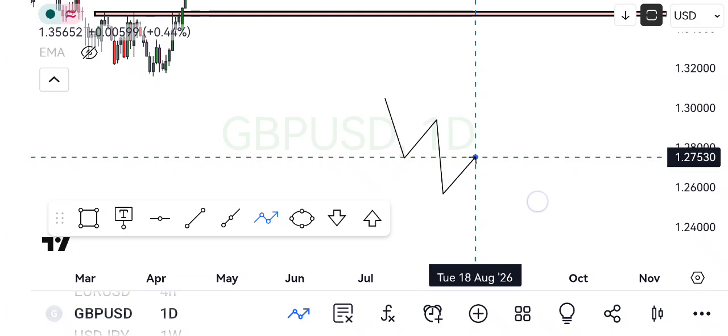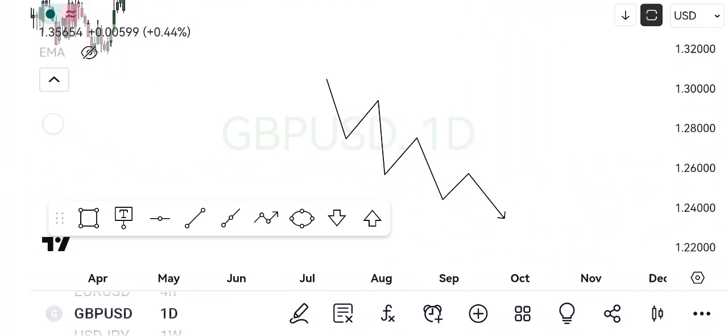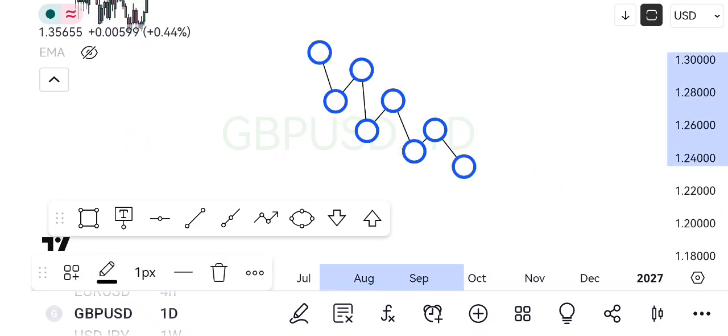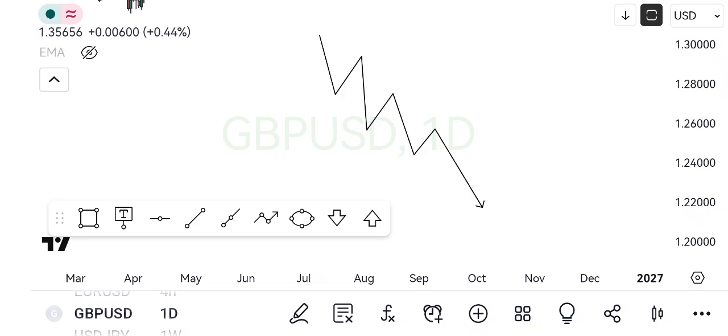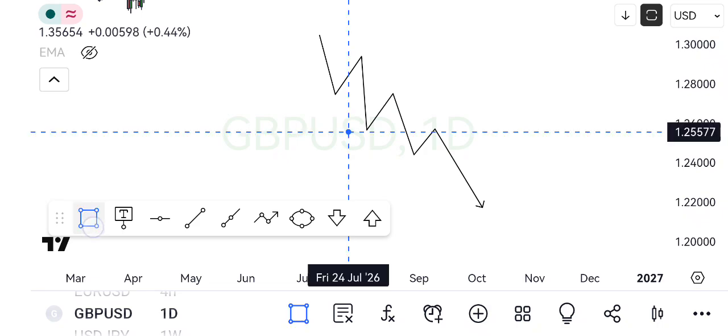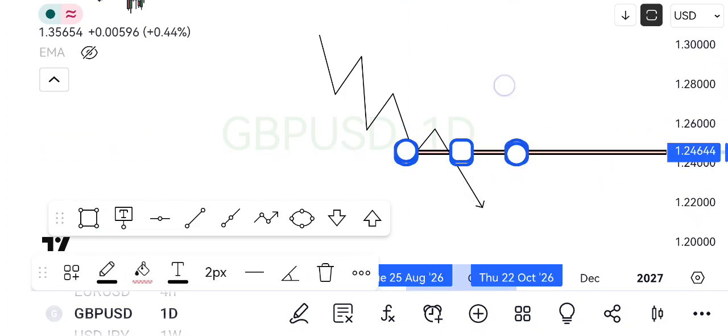I trade support and resistance. You have unique names for them nowadays because of the smart money concept, the fair value gaps and whatnot. I simply refer to these things as support and resistance. Now, this is my resistance area.